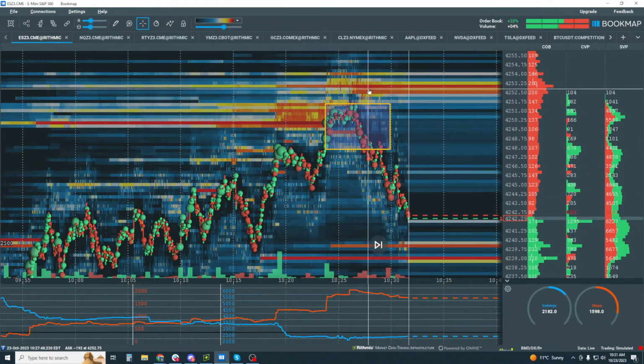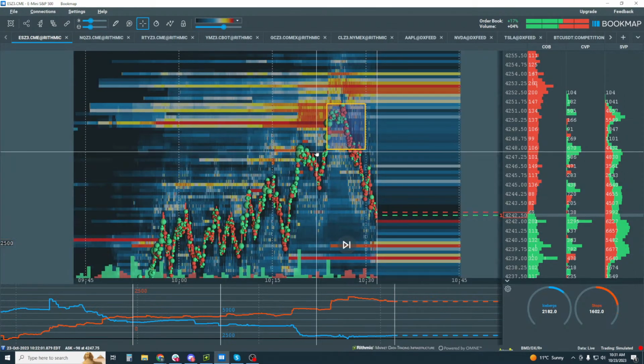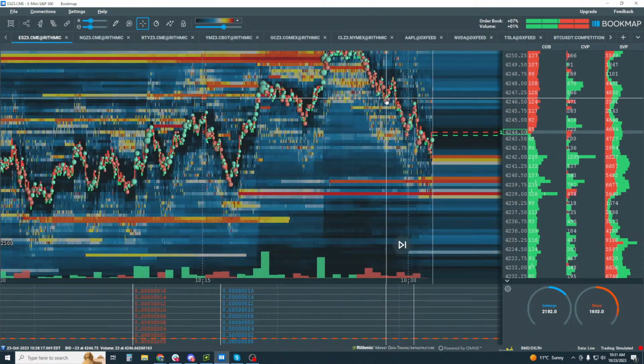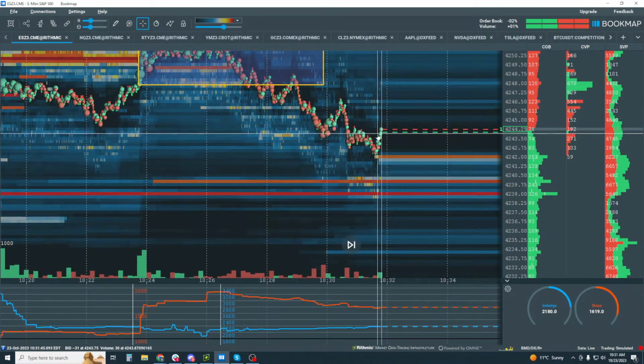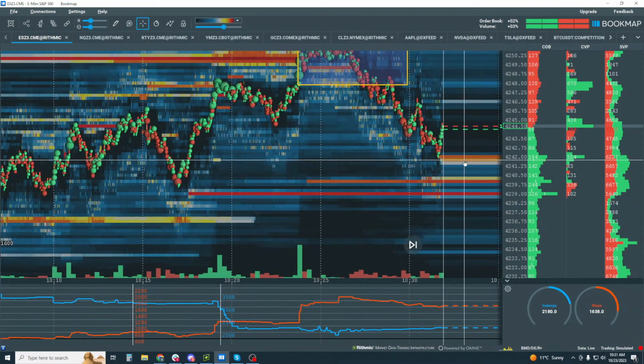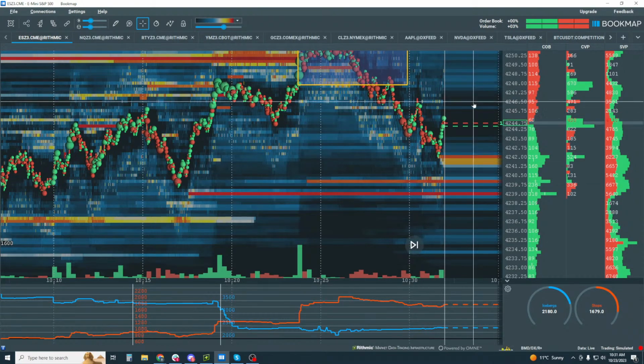So that move we were looking for up into 55, we still may get it, but the sellers are driving the market right now. They're moving it, and I'm looking for some of this liquidity down in some of these areas and these swings in here.